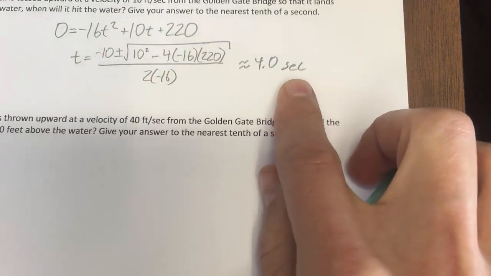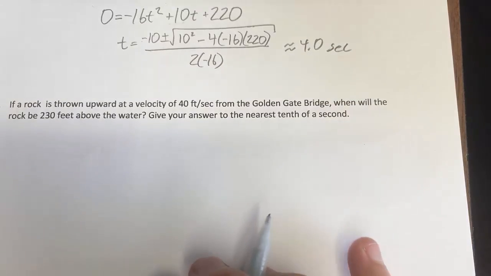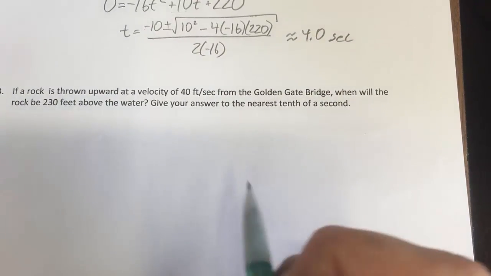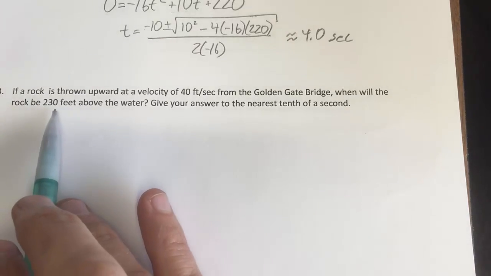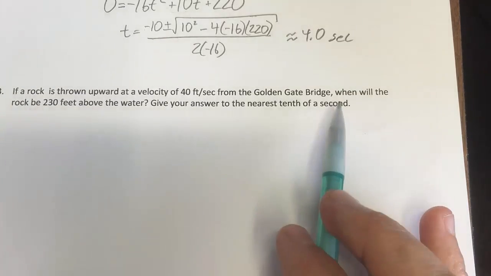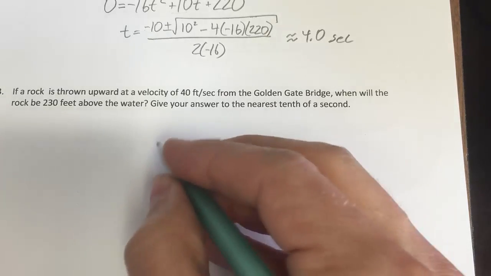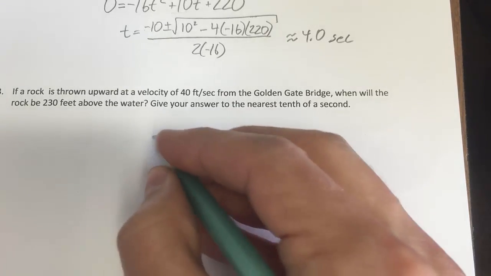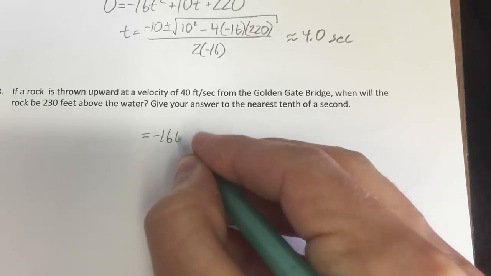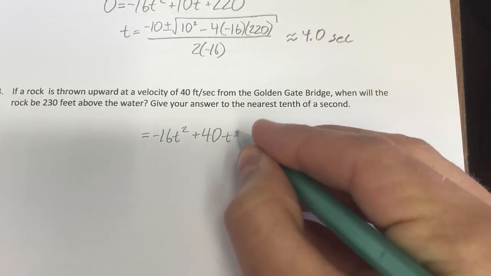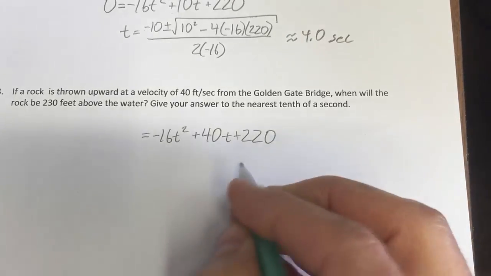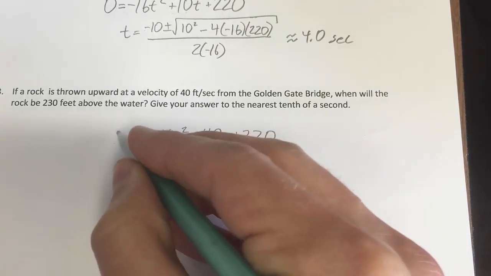Okay, last but not least, if a rock is thrown upward at a velocity of 40 feet per second from the Golden Gate Bridge, when will the rock be 230 feet above the water? Again, answer to the nearest tenth of a second. So now I have my initial velocity slightly higher, still off the Golden Gate Bridge, but notice I'm not setting it equal to 0 here.